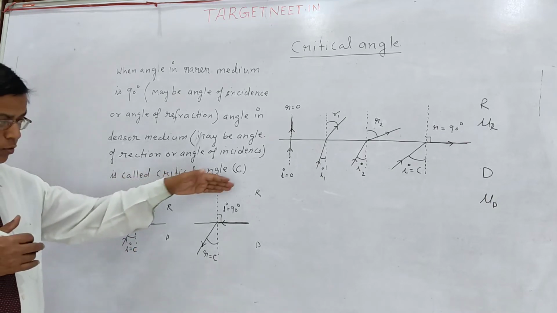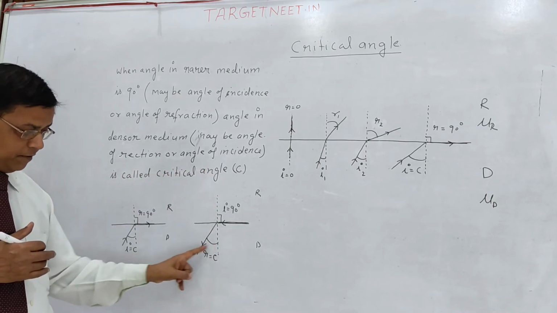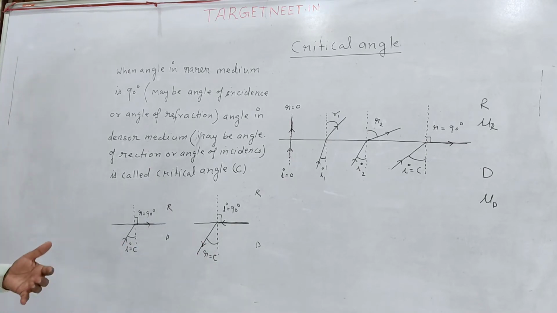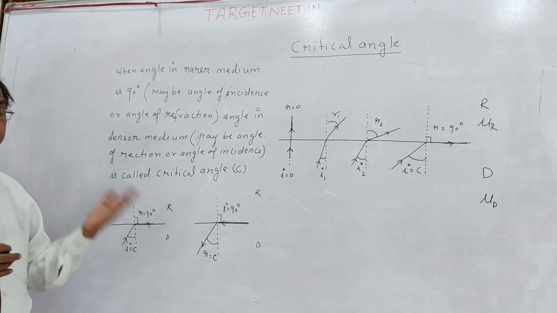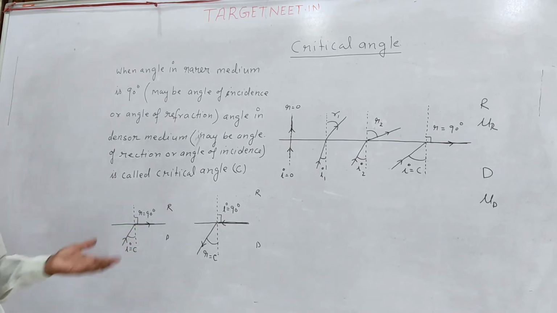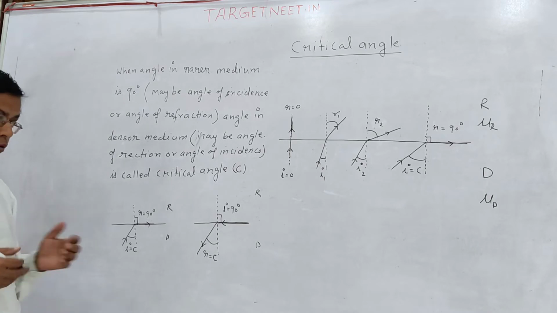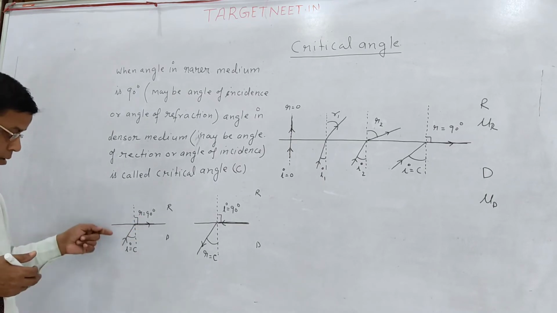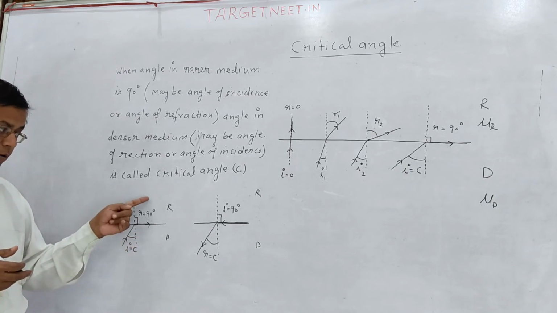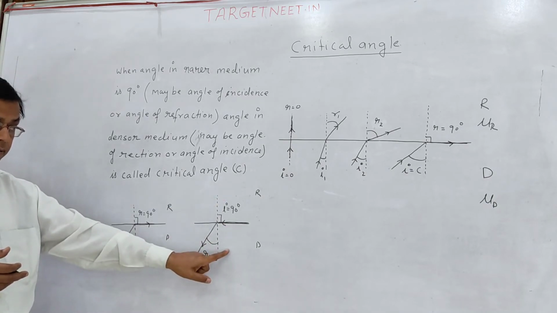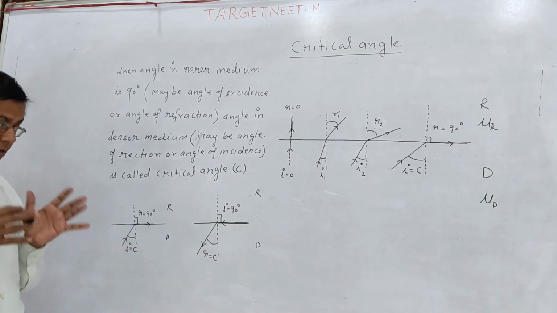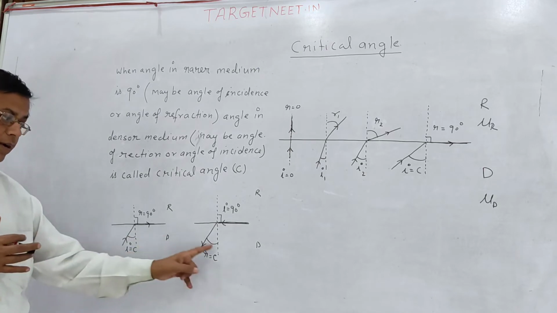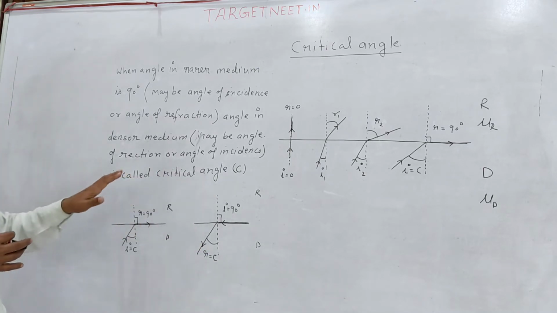When light goes from rarer to denser medium, the angle of refraction is said to be critical angle. So in order to form critical angle, light must go from denser medium to rarer medium. If someone says a statement like this, do you think it is always correct? Answer is no, because light may go from denser to rarer or from rarer to denser. But yes, it is always correct that critical angle is formed in denser medium. It is never formed in rarer medium.